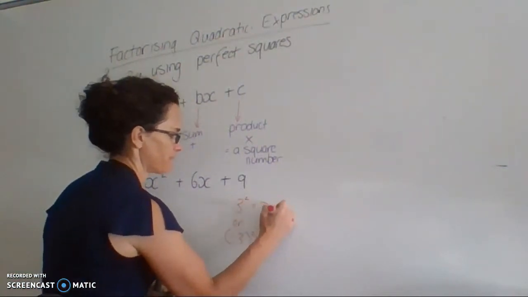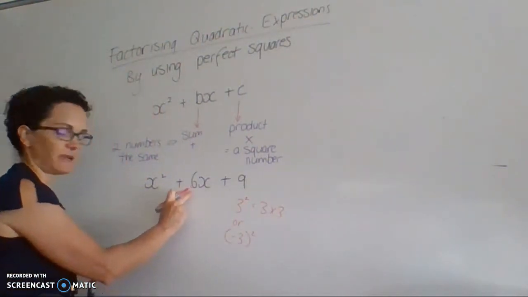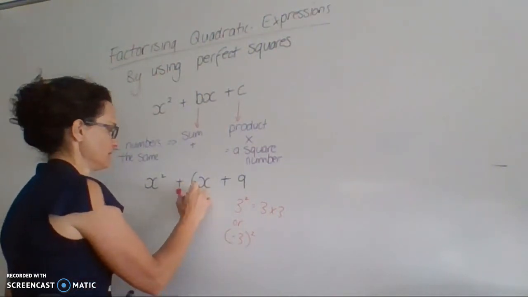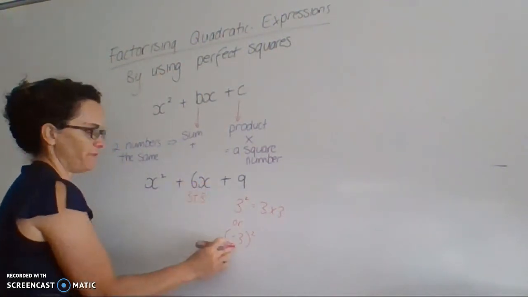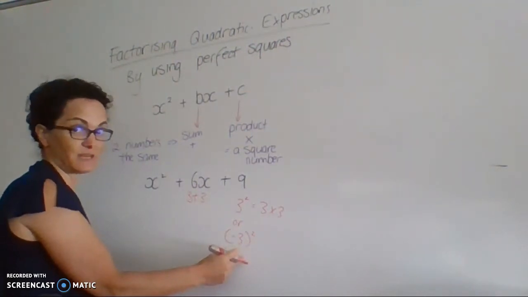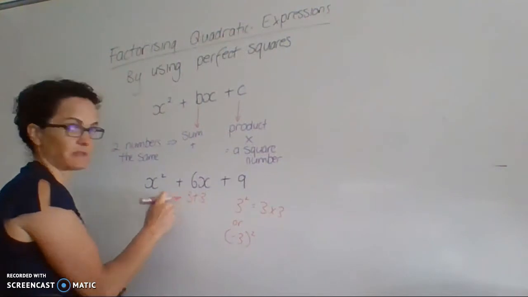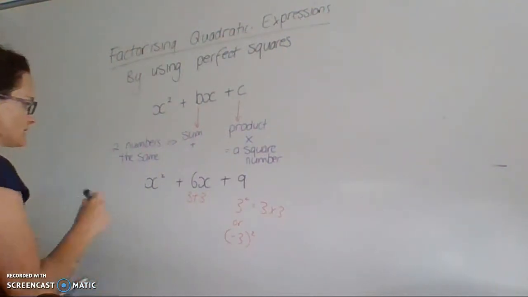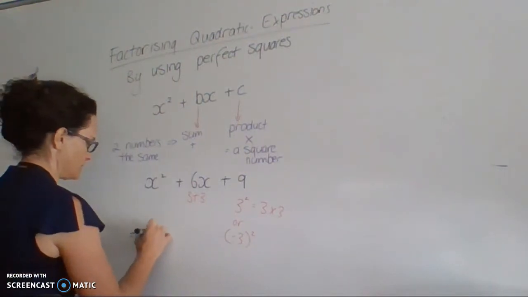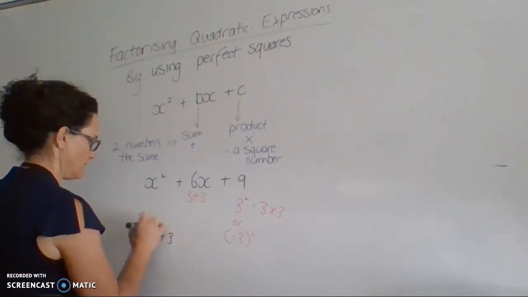If it's positive 3 times positive 3, they have to add together to equal 6. So that's 3 plus 3. If it was negative 3 plus negative 3, that is negative 6. So it's the x plus 3. So x squared plus 6x plus 9 factorises to x plus 3 squared.